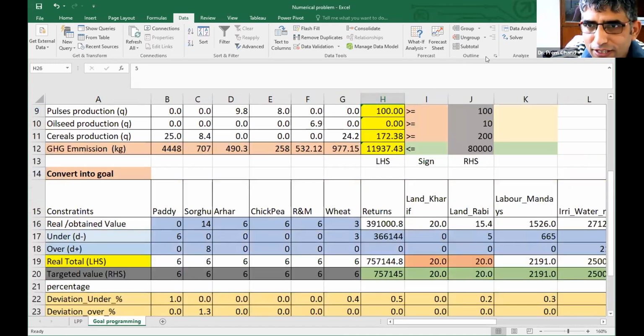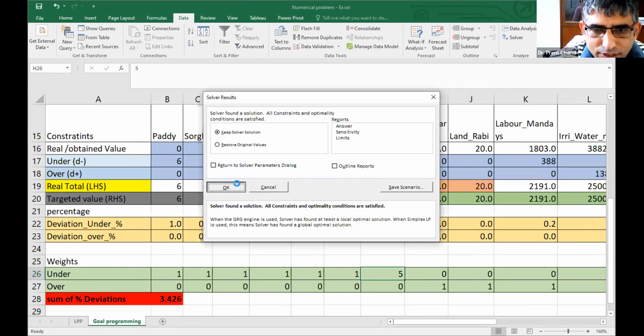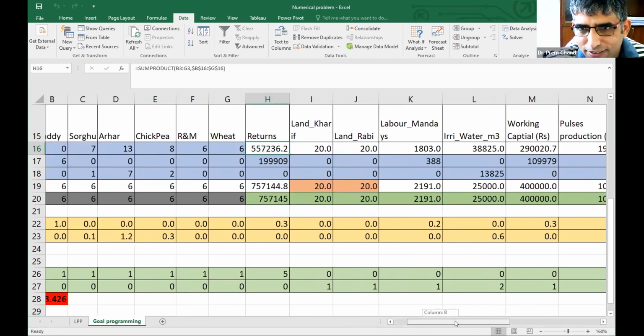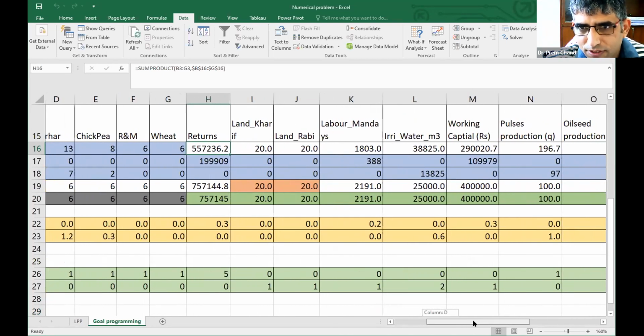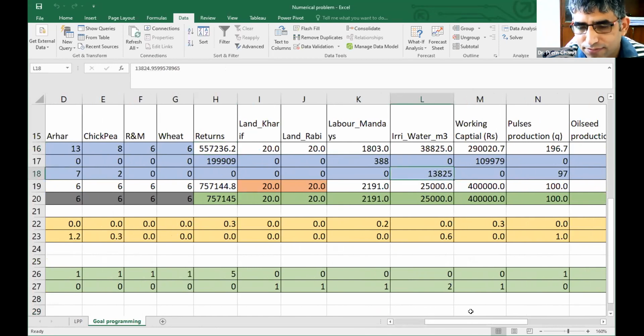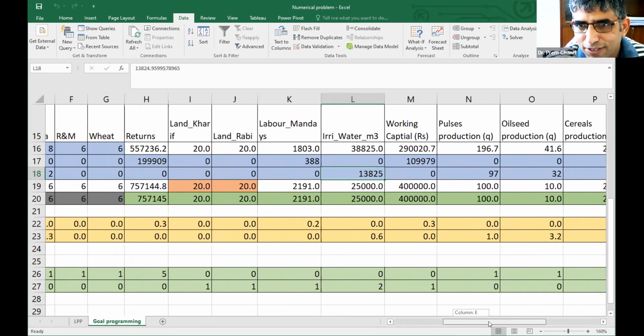We'll solve it again. Simple. Okay. You see, return has been increased. But what is required? He will require more water. He has to arrange more water.